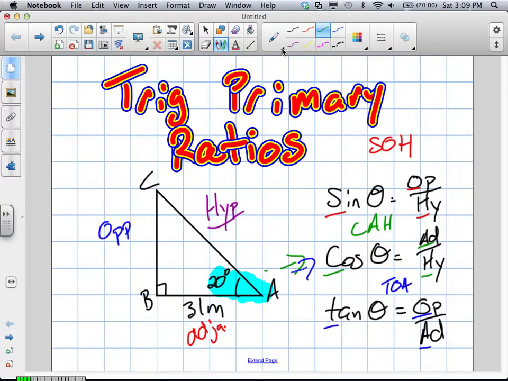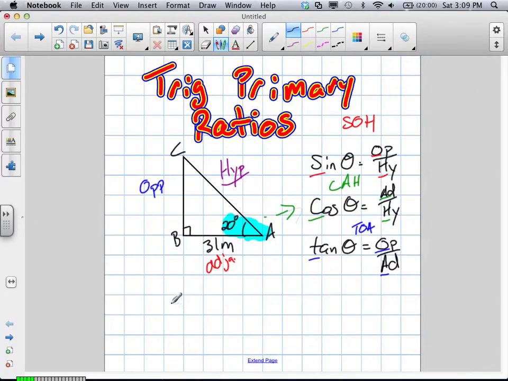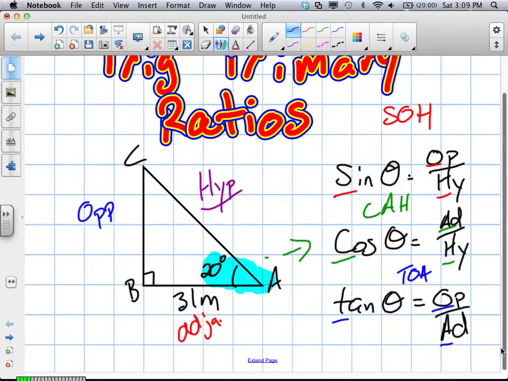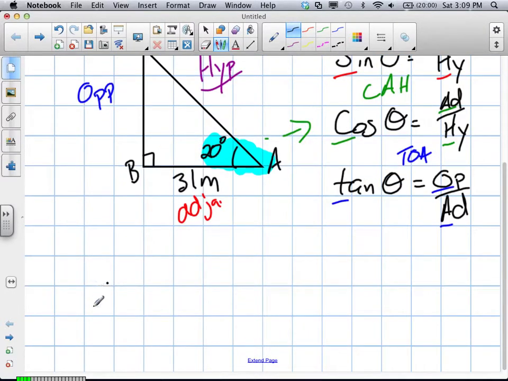So cos theta, which stands for the angle, so cos 20 degrees is equal to the adjacent, which is 31, over the hypotenuse, which we'll call h for now.